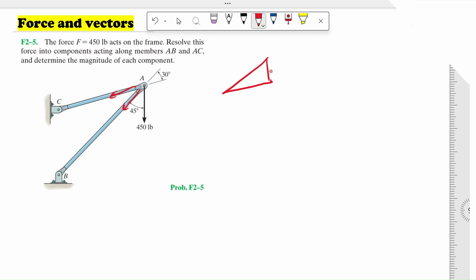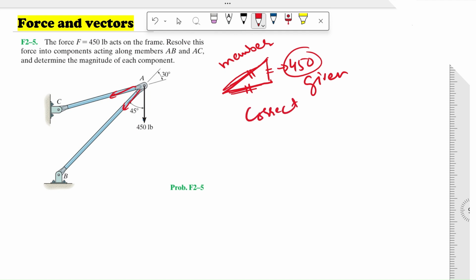The word correct means that one side should represent the value of the given force, here 450, and the other two sides should be parallel to the members, because we will be finding the value of the member forces. So one side should be parallel to one member and another side should be parallel to the other member. Then we can say that it is a correct triangle.